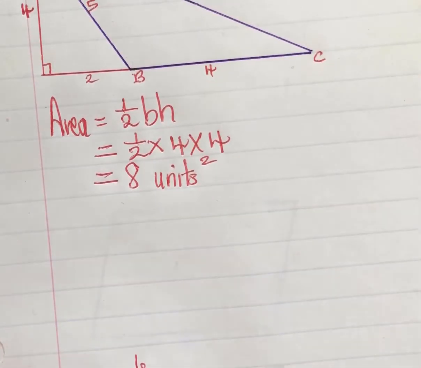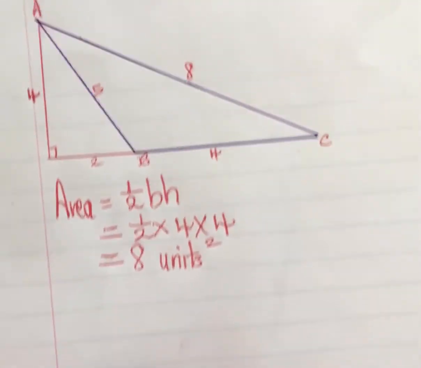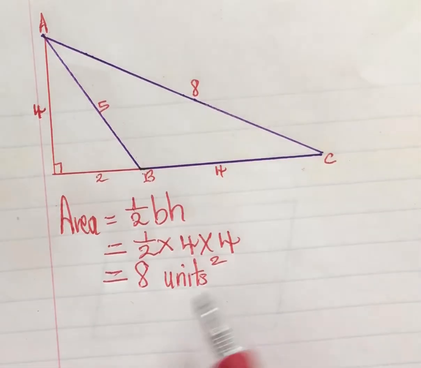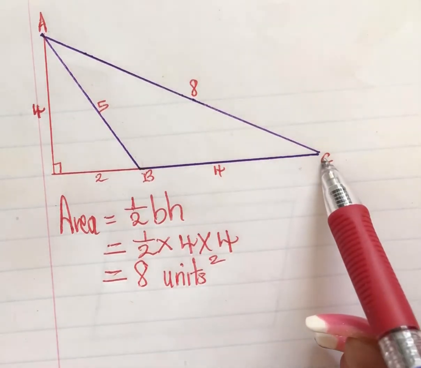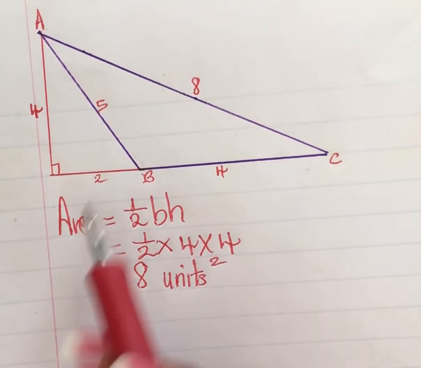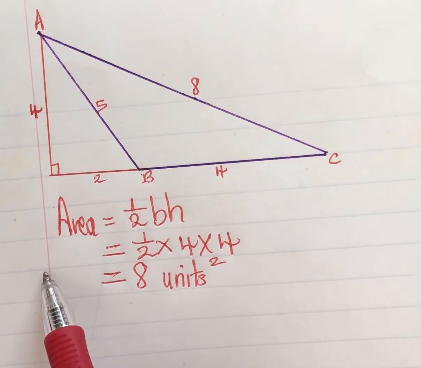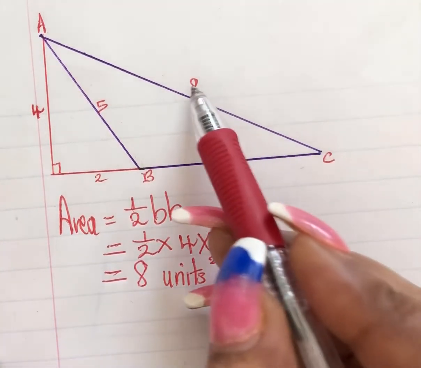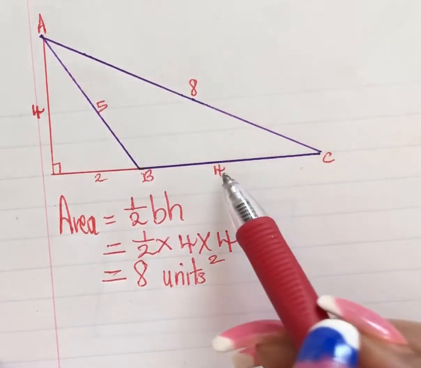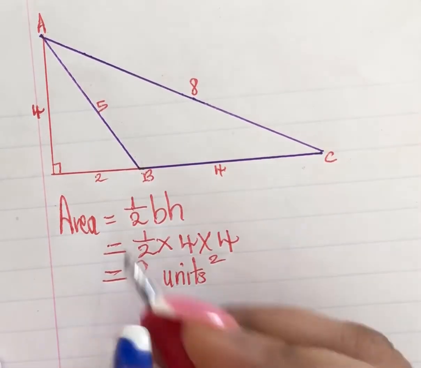Now if I am to find the perimeter of this exact same shape, I want to focus again on ABC. Perimeter means the sum of the distance around.